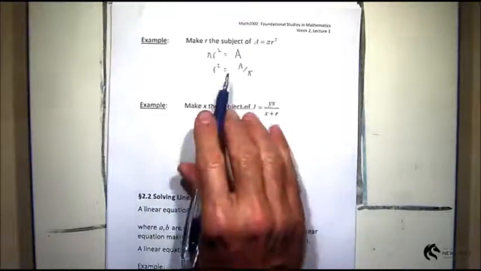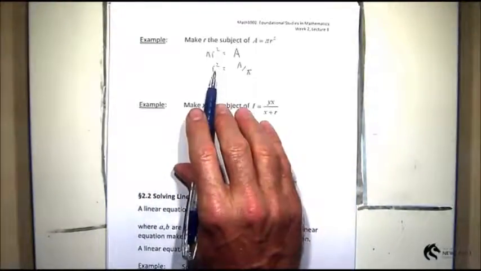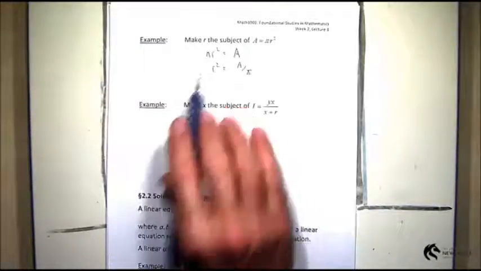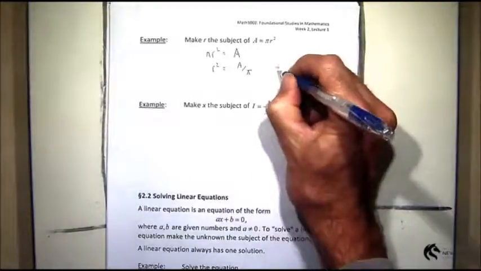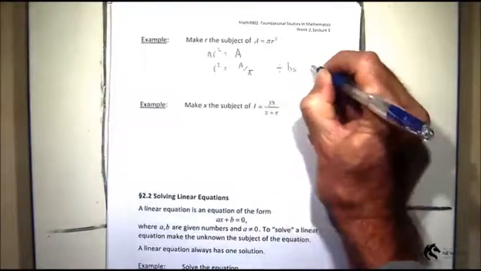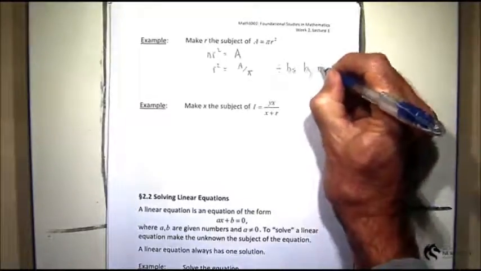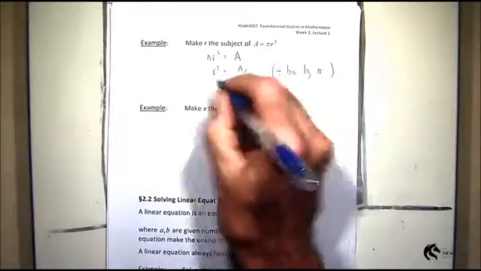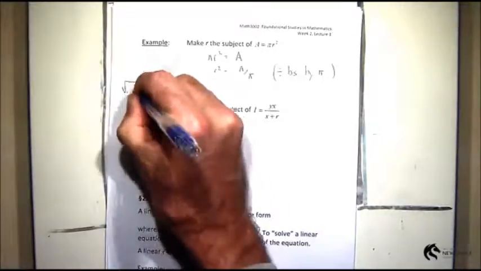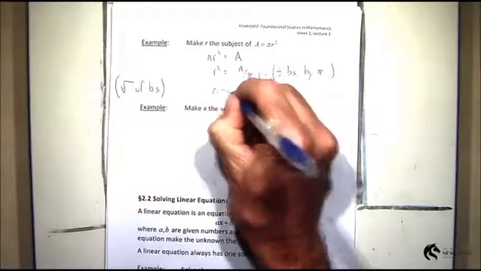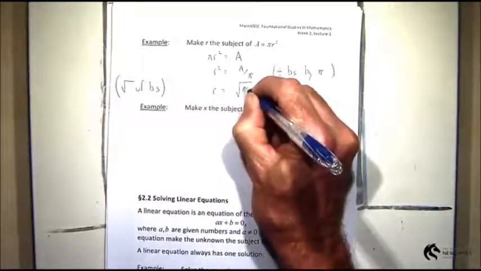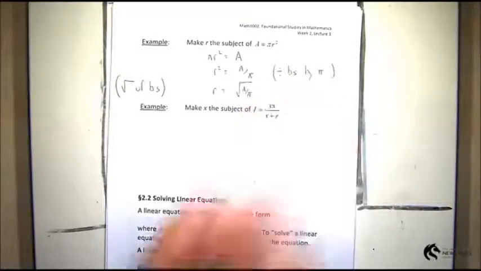What's the inverse of squaring? It's taking the square root. So now I will take the square root of both sides. So in here I'll just say divide both sides by pi, and in this case I will take the square root of both sides in here, and the square root of R squared is R, and here I have the square root of A on pi.